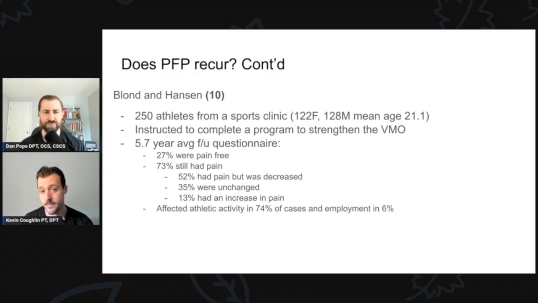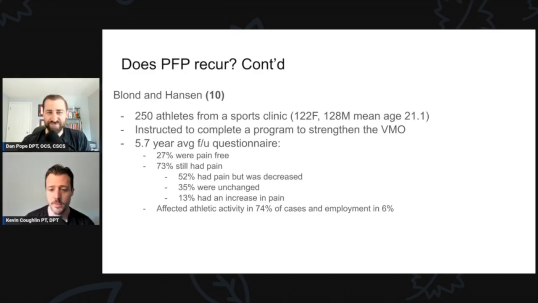And then of that 73% that still had pain, 52% had pain, but it was decreased. 35% were unchanged, and 13% had an increase in pain. It affected athletic activity in 74% of cases, and it affected employment in 6% of cases. So, definitely something that we can help intervene on.